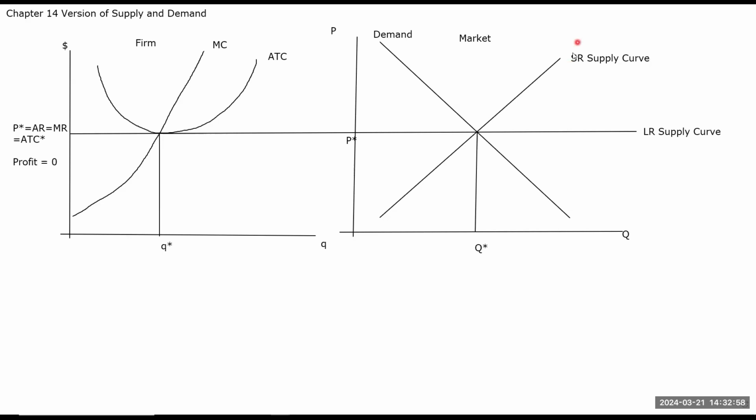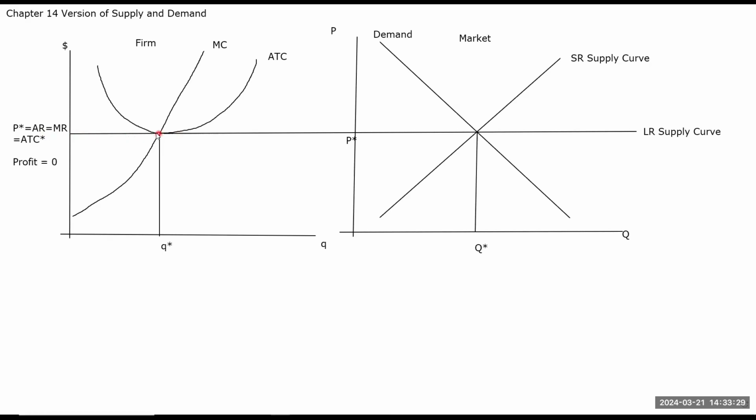This right here is an example of the chapter 14 version of supply and demand in equilibrium. We have the average total cost curve for a firm and the marginal cost curve for the firm, the U and the J. Right here where they cross, that's where the price, which is equal to average revenue and also equal to marginal revenue, is crossing.